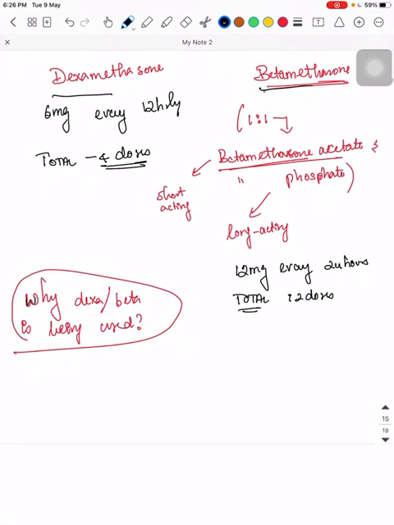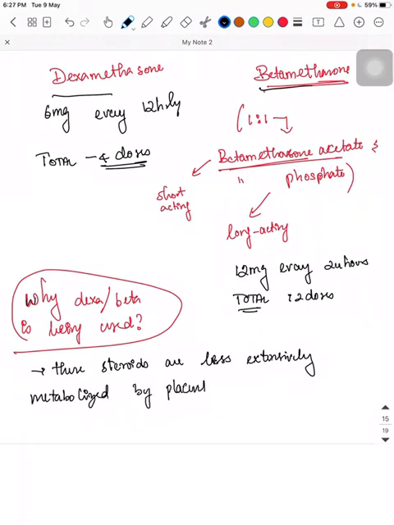Here these steroids are less extensively metabolized by the placental enzyme called 11 beta hydroxysteroid dehydrogenase type 2.